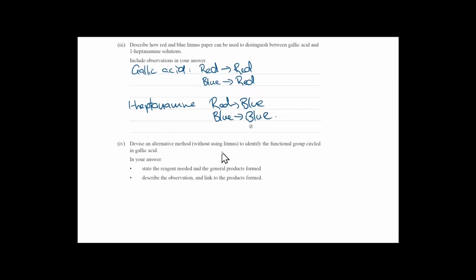Okay, devise an alternative method without using litmus paper to identify the acid with the functional group, the gallic acid. Oh, okay, this is a good question. In your answer, state the reagent needed and the general products formed. Describe the observation and link to the products formed. Probably the best way to do it would be an acid-base reaction.